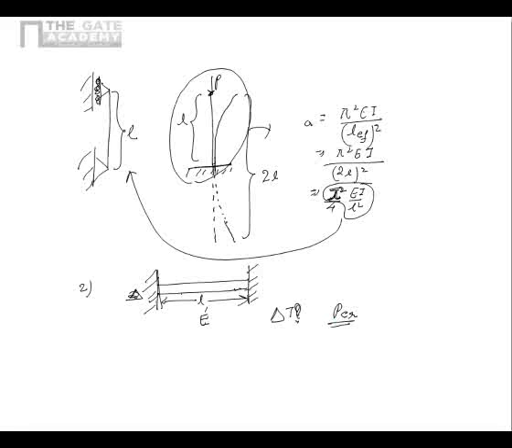Now we can assume that the bar has a square cross section of dimension T. So which means that the cross section is like this.